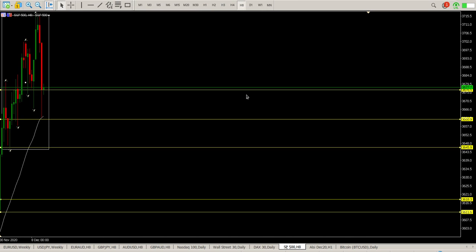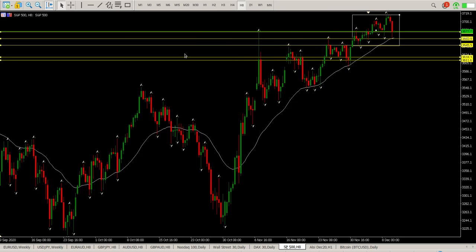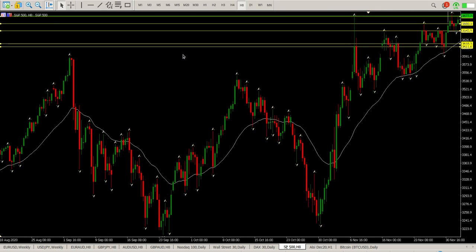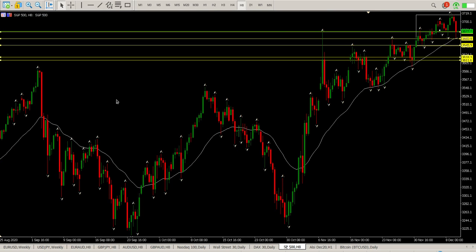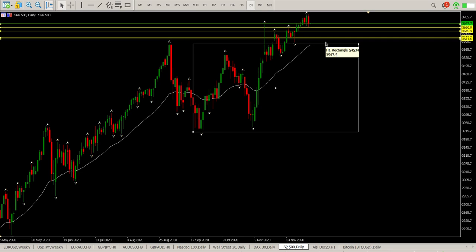If I come to the 8 hour, you'll see 3600 is fairly close to this consolidation. I think we probably have to do this on the daily rather. So this consolidation here, let's use this block. This was the breakout for the 400 point measured move. It brings us back to roughly test in that area as well.